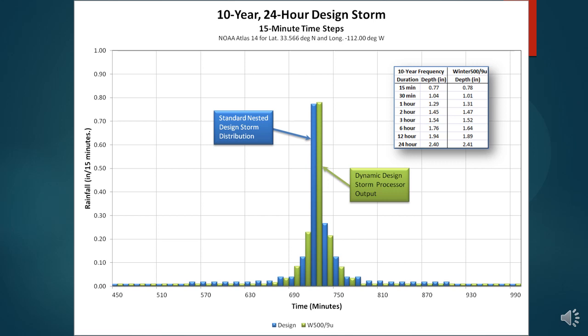One, kind of suggests that this idea of at least the distribution that is being used for standard design storms is not a bad one. And it's also interesting that we could actually replicate that using an entirely independent approach, using our understanding of the geometric properties of storm cells and how fast they moved across an area.